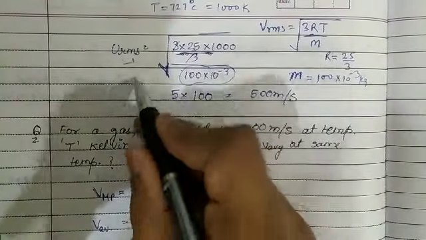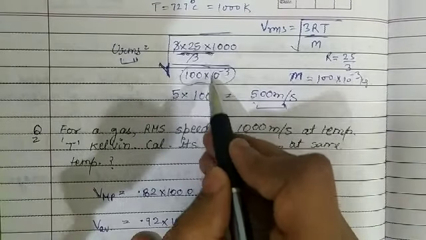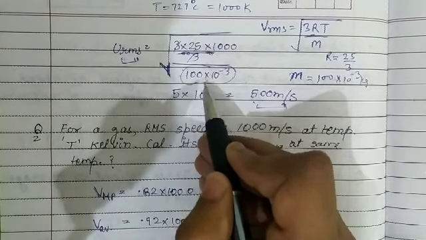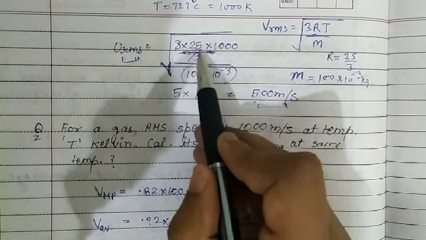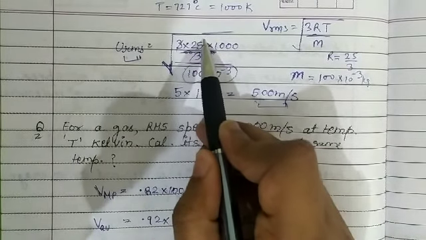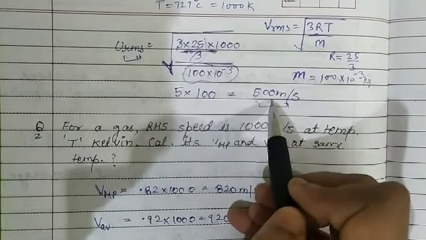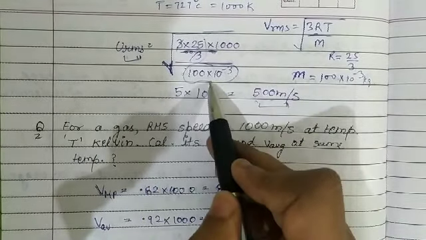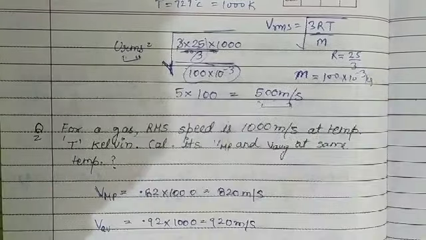Now solving, the root mean square speed will be 500 meter per second. Please note carefully: you have to convert the molecular mass from gram to kilogram, because the unit we are taking is joule, the SI unit, and we are looking for the RMS speed in meter per second.